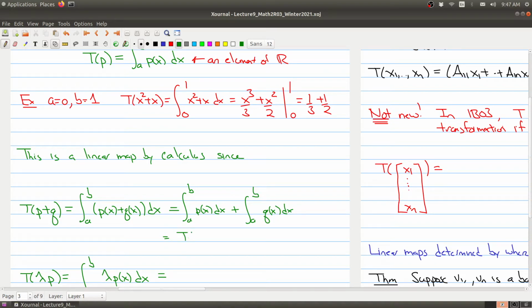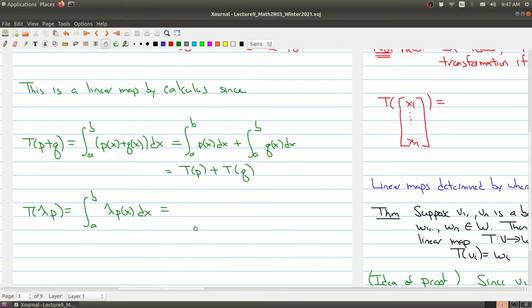And so this is the same thing as T evaluated at p plus T evaluated at q. So we can think of this integration function as a map that has the additive property, and now we have to check the homogeneity property.